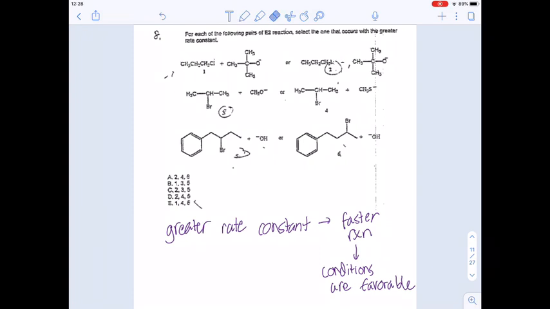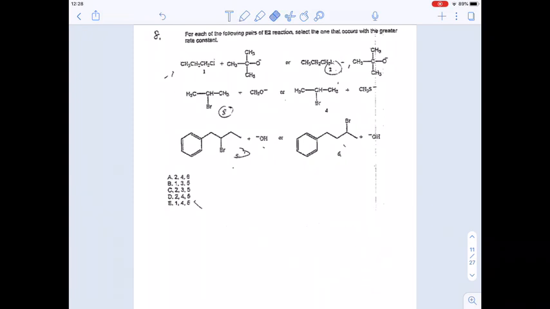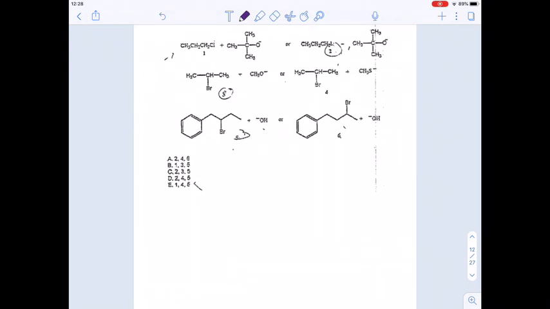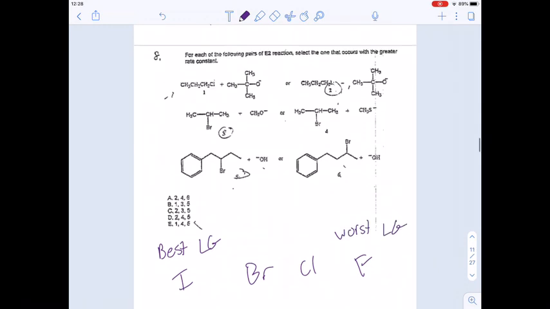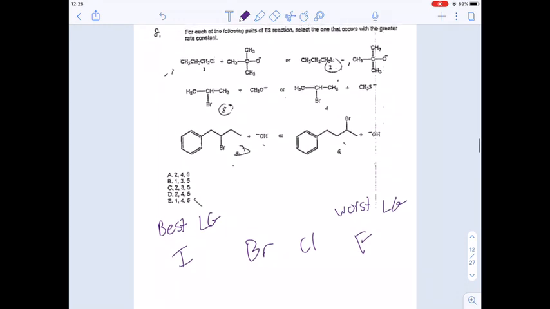So for number 1, the only difference is between your alkyl halides. On this side, you have CH3CH2CH2Cl, but on this side, you have CH3CH2CH2I. So they're basically asking you if you know what the best leaving groups are. I'll give you the list of the best leaving groups to the worst: best is I, then Br, then Cl, then F is the worst leaving group.